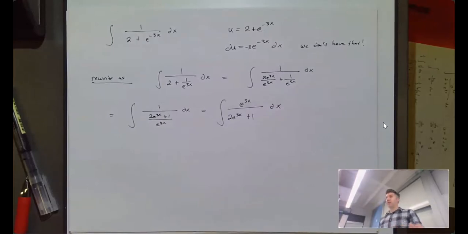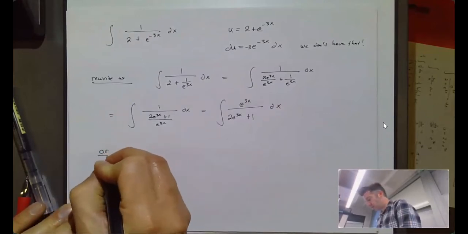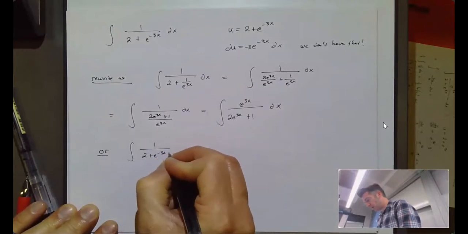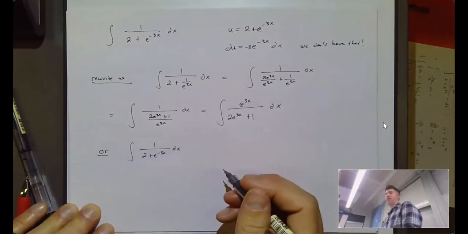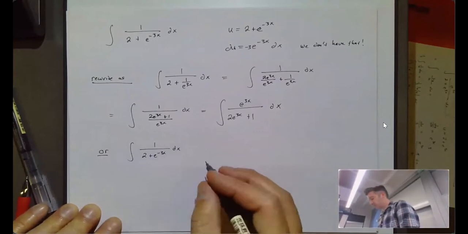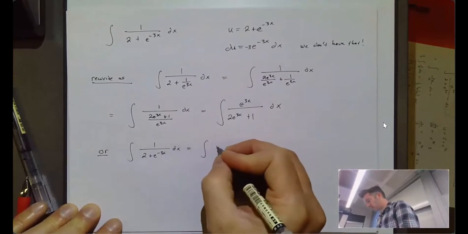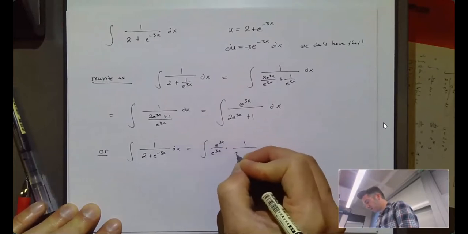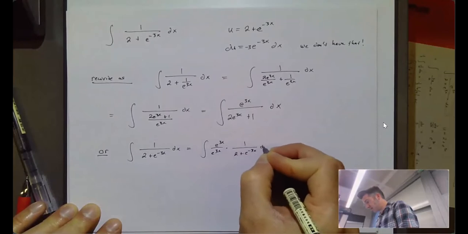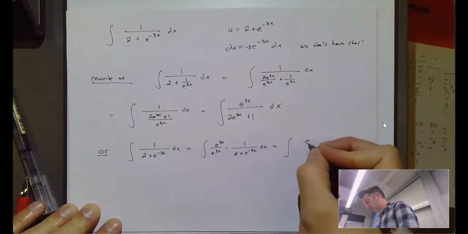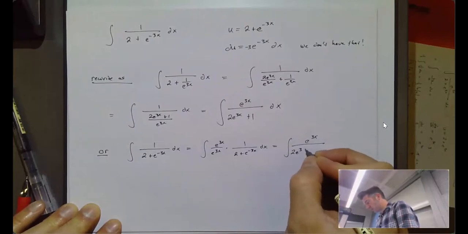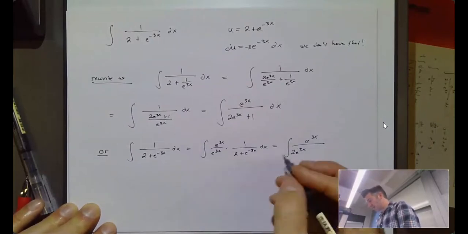So this is one way of getting there. This is not the way I learned how to get there when I first learned this. You can also do it this way. You can take your integral of 1 over 2 plus e to the negative 3x and multiply the top and bottom by e to the 3x. That's more of a trick kind of way of doing it. Because when you do that, you get e to the 3x on top. e to the 3x times 2 is 2 e to the 3x, and e to the 3x times e to the negative 3x is exactly 1.